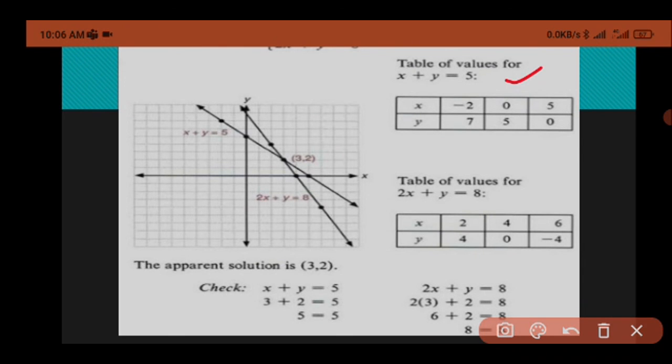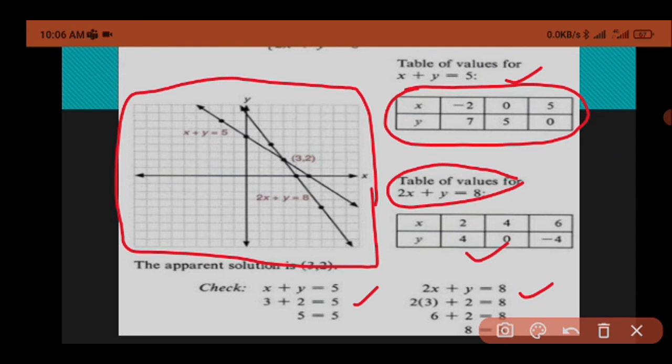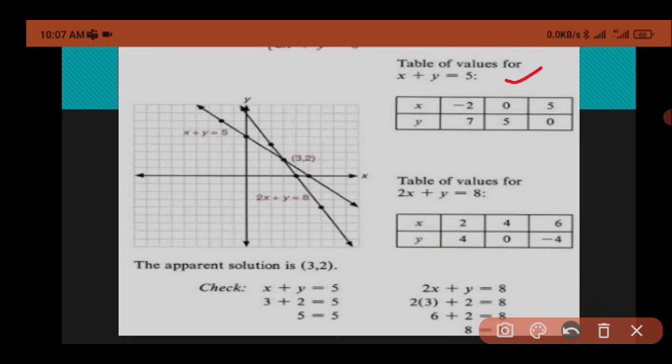For this equation we will have the table, and for the second one also we have the table, and we will draw the graph using the values. After making the table we can draw the graph. After drawing the graph we can shade it. How will we shade it? For this, try to understand.